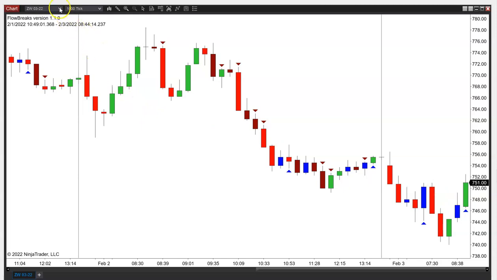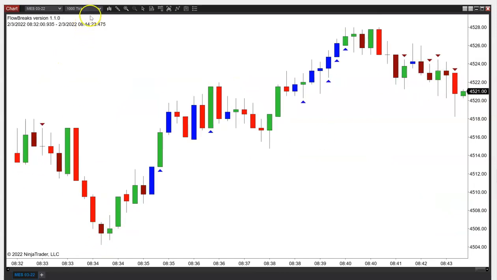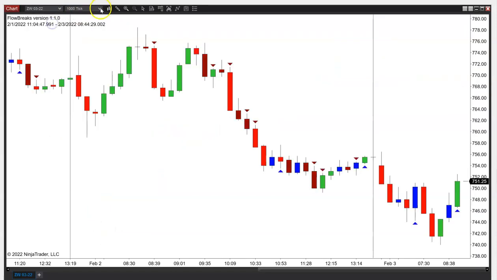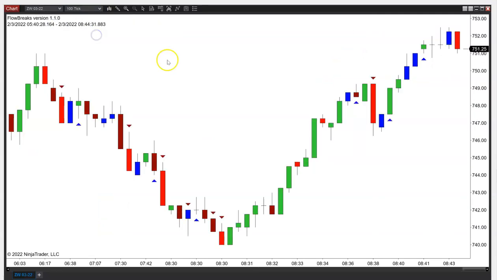Whereas on the 1,000 tick MES chart, since 8:30 this morning right here, you've got more bars than you had yesterday in the wheat. So with wheat, I would go back. I wouldn't use a 1,000 tick chart. I would use 100.